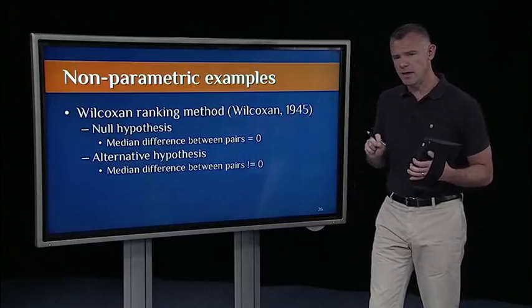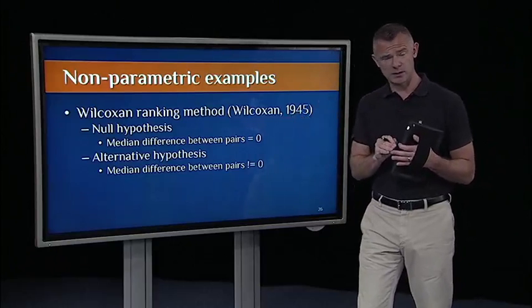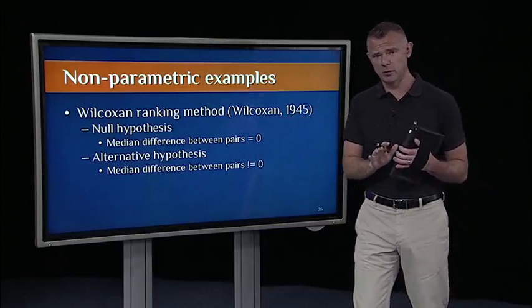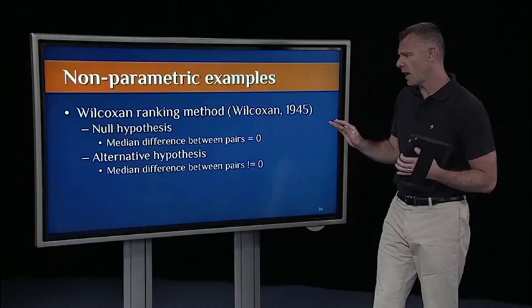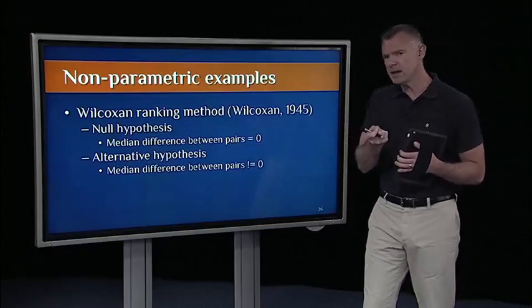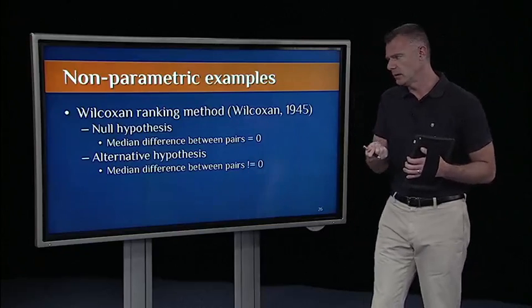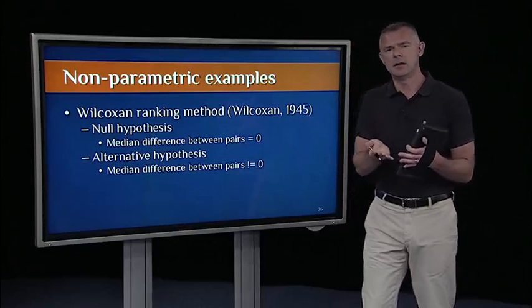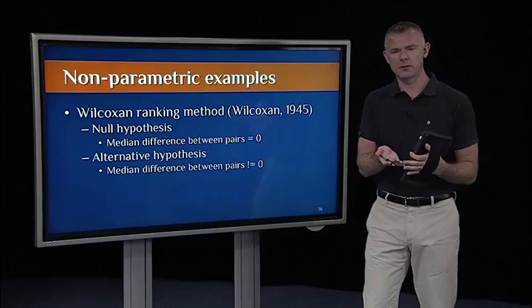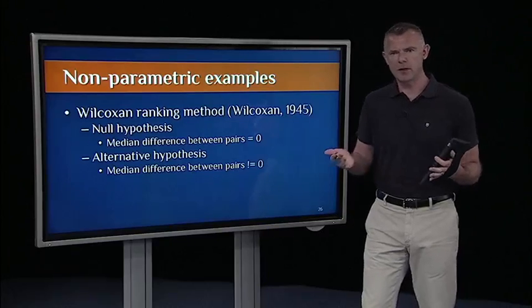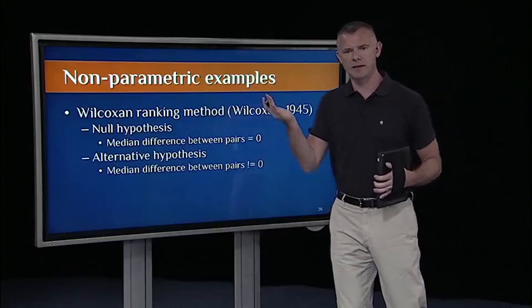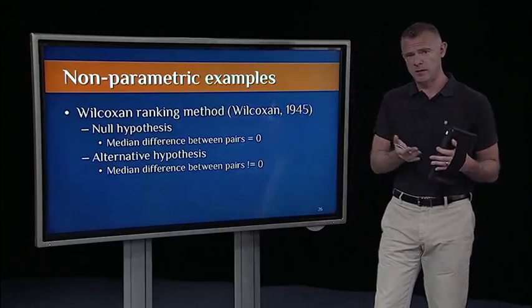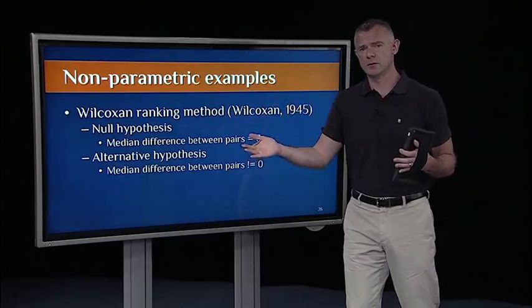So this method is for a paired sample t. This is a non-parametric approach. The null hypothesis says that the median difference between pairs is 0. And we're going to deal with the median because we're doing a non-parametric procedure probably because we're dealing with data that are not normal. Maybe there are extreme scores in the distribution.